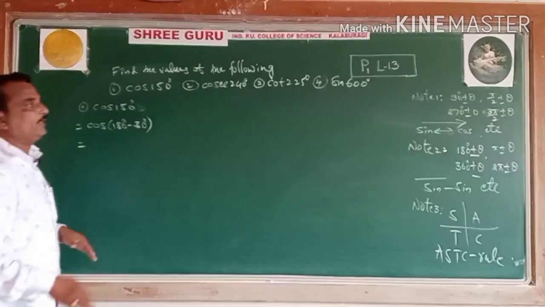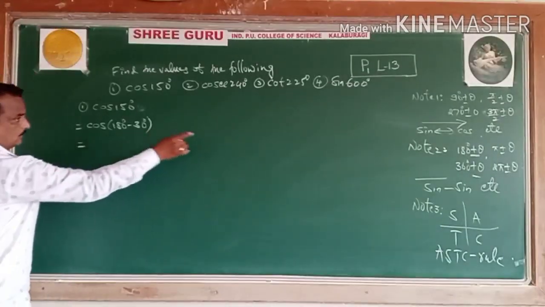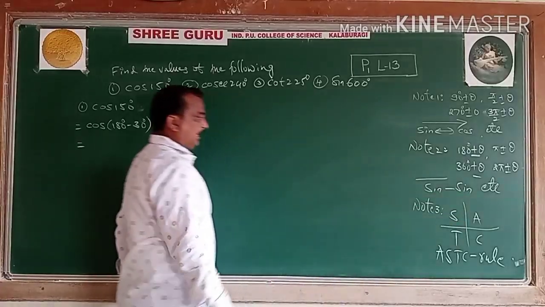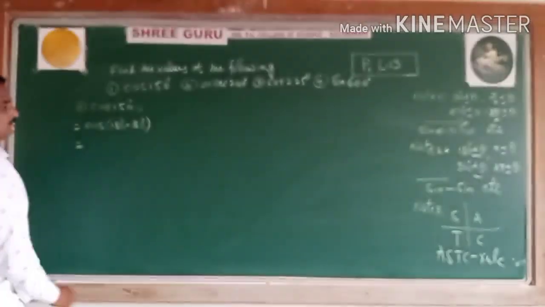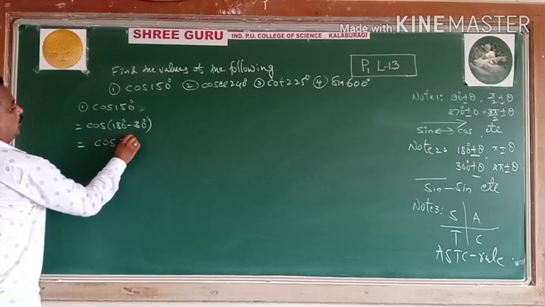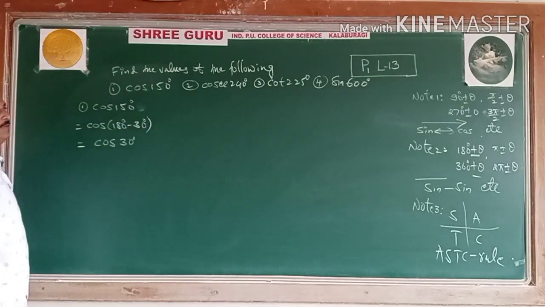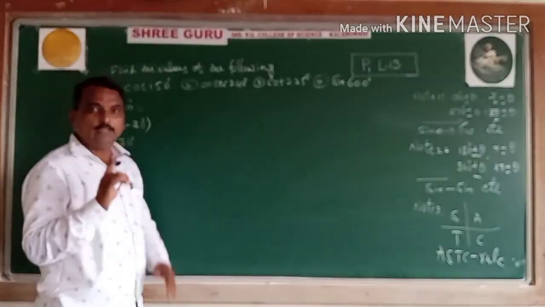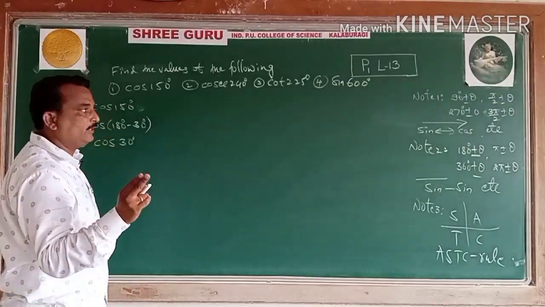Converting in terms of standard angles, the trigonometric functions have no change. If it is a sine, sine, if it is a cos, cos, if it is a tan, tan. It is cos 30 only. Which quadrant is 180 minus theta? Second quadrant.